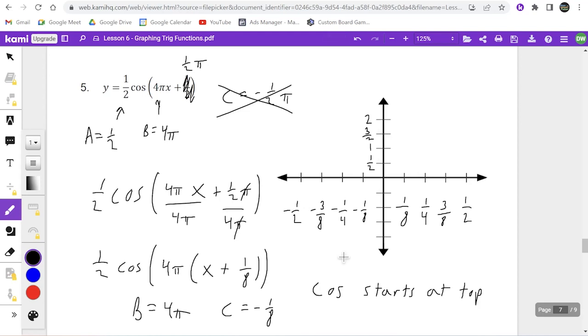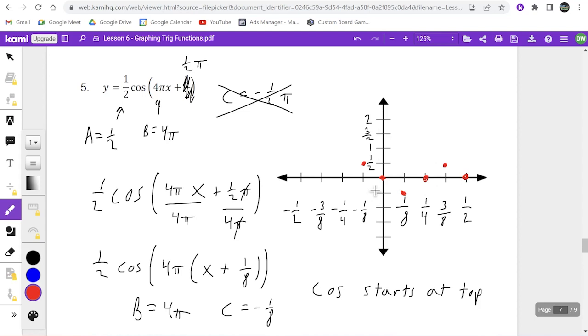Did we account for the vertical shift and horizontal shift? Not yet. So if we're going 1/8 to the left and cosine starts from the top position, that means my starting point is going to be right there, because that's the top, and we moved 1/8 to the left. Now, at least going rightward, after the top is the middle, then bottom position, then middle, then top, then middle.